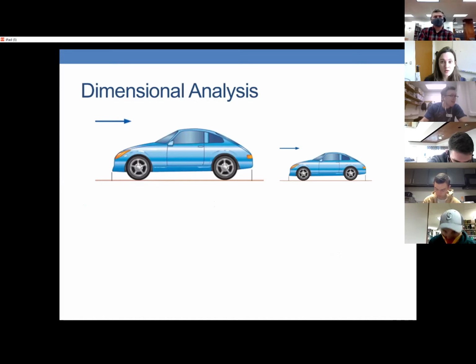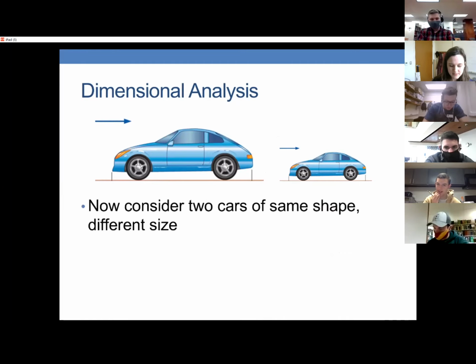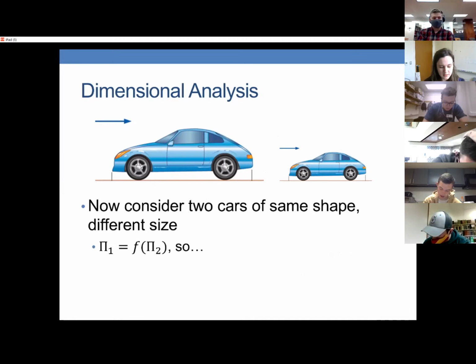So now we make ourselves a little car. The little car is the same shape as the big car, but little. Same shape, different size. Pi 1 is some function of pi 2.